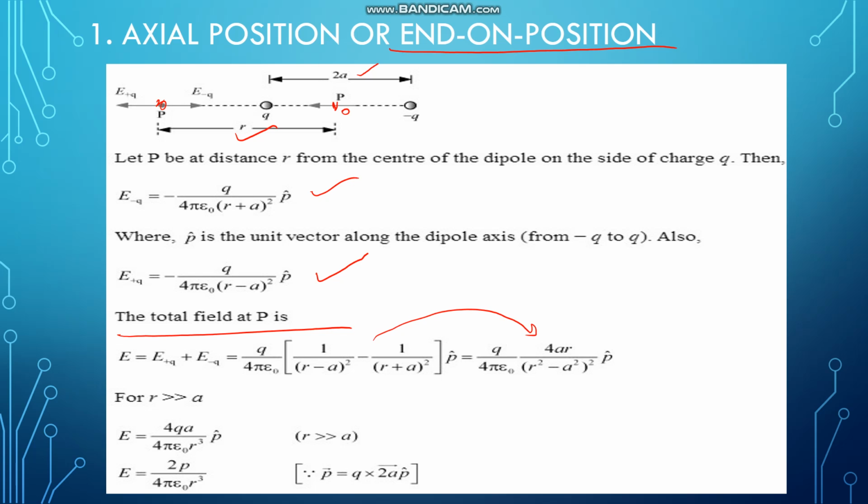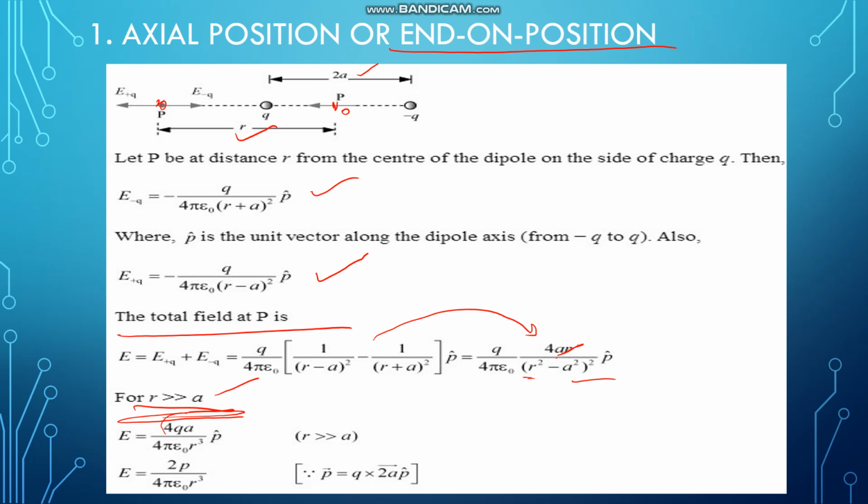If the distance r is very much greater compared to half the length of the dipole, we can neglect a square in the denominator. Then the denominator becomes r power 4, which cancels with the numerator r. So we get E equals 4qa by 4 pi epsilon naught r cube.